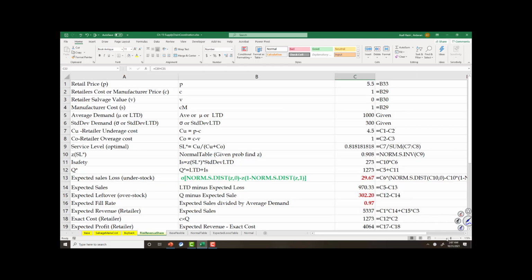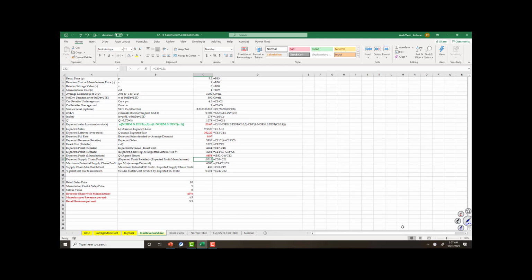Alternatively, they can agree on risk and revenue share. For example, the sales price is $10. The manufacturer gives it at a price to the retailer. Salvage value is 0, but the manufacturer gets 45% of revenue. 45% of $10 is $4.50, and the rest, 5.5, will go to the retailer.